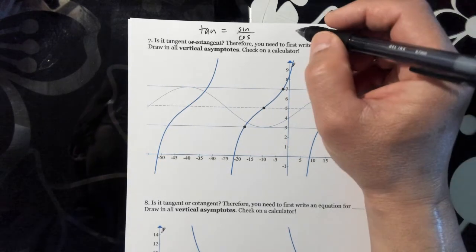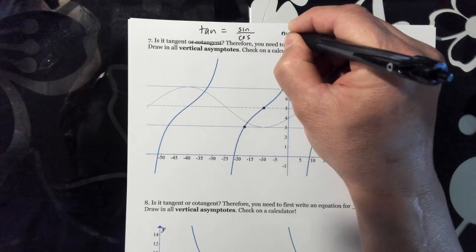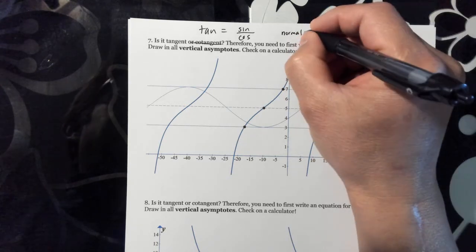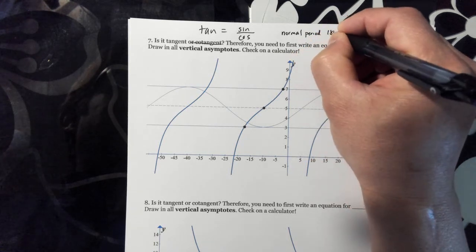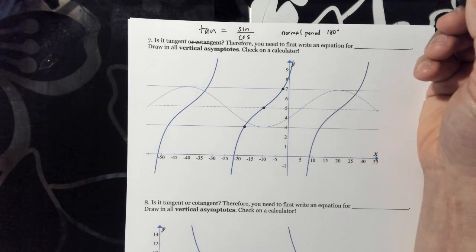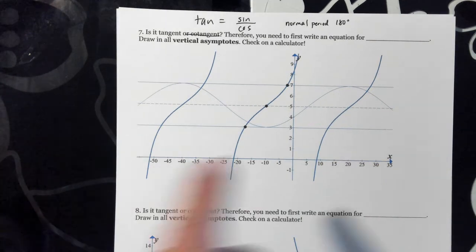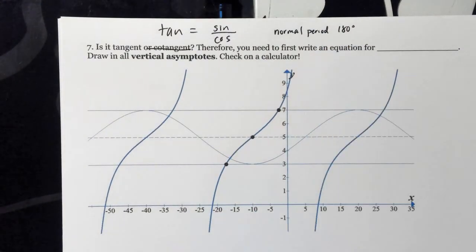The other important thing about tangent and cotangent, super important, is that a normal period, like if we were just graphing y equals tangent of theta, is only 180 degrees, totally unlike sine, cosine, secant, cosecant. So that is definitely going to be critical in doing these types of problems.